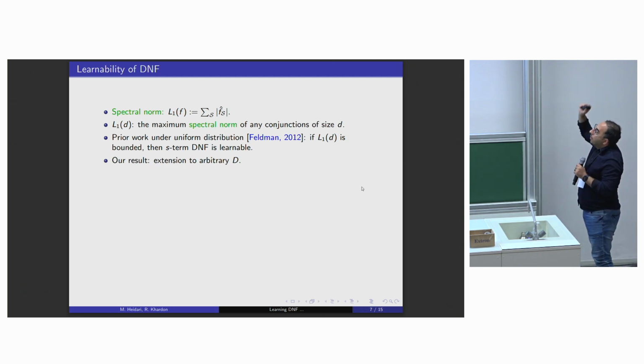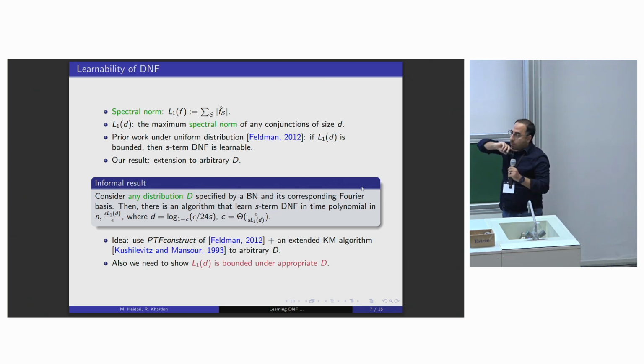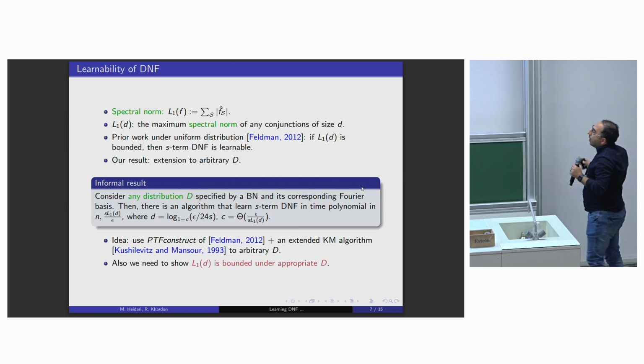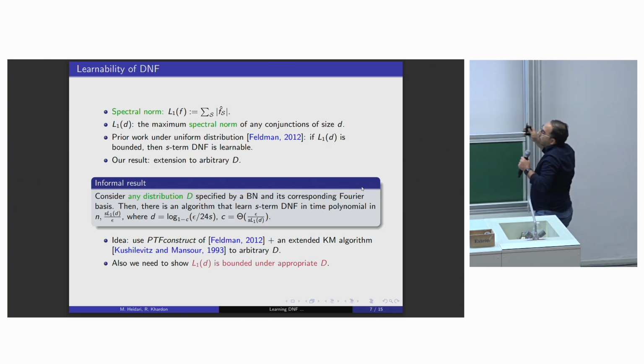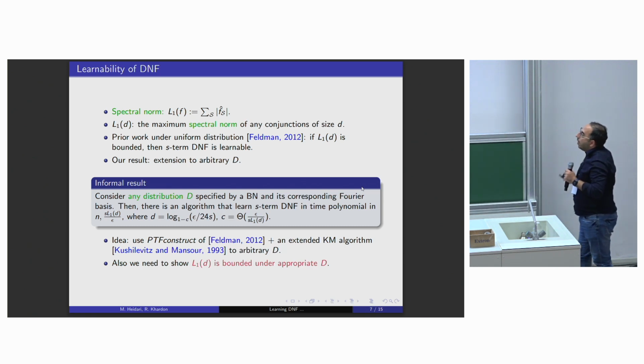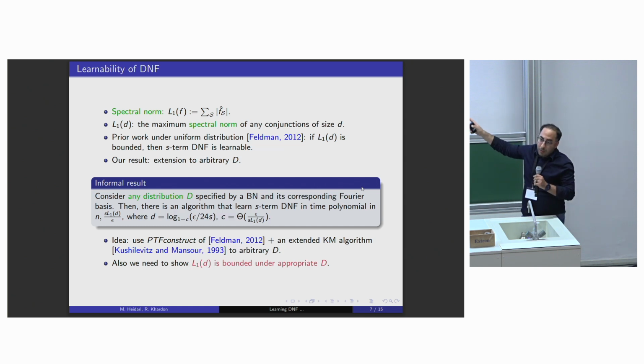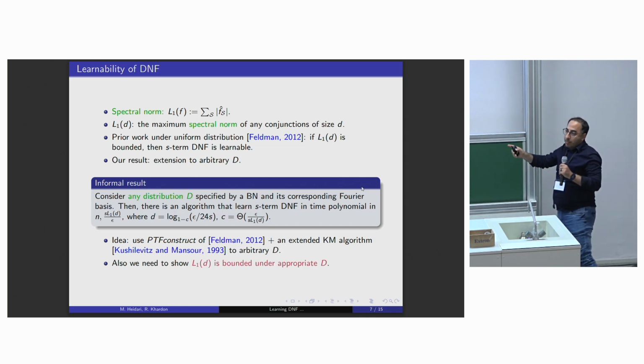Our result is to extend this to arbitrary distribution D. The idea is to use the PTF construct of Feldman plus an extended version of the KM algorithm, but we still need to prove that the spectral norm under this new distribution is bounded.